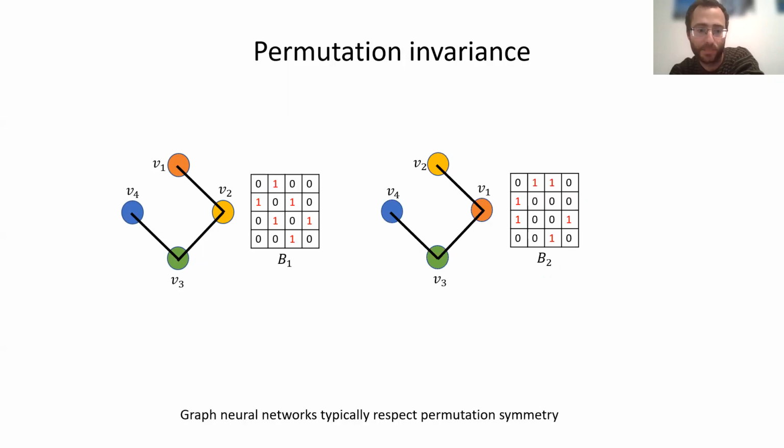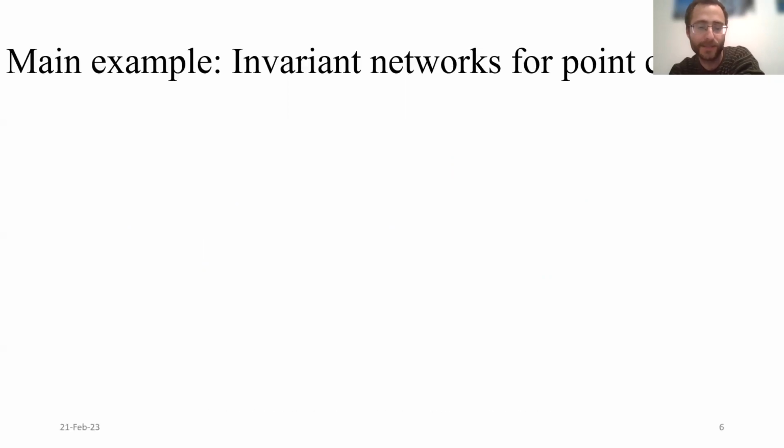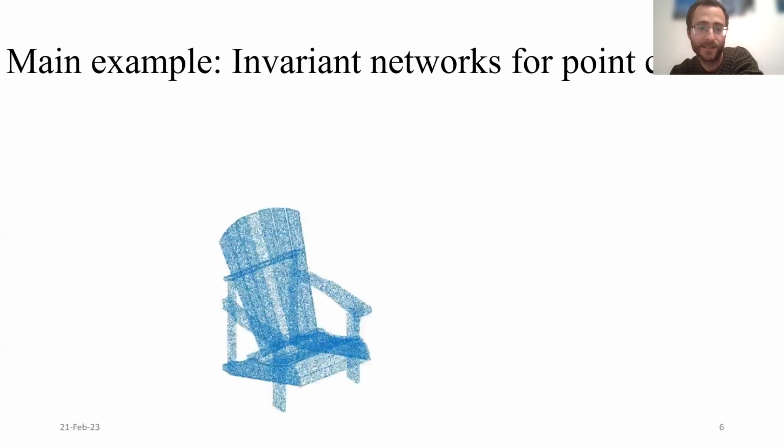That's an important example, but for us, the main example today is going to be invariant networks for point clouds or point sets. A point set is just a collection of n points in R3, or in RD in general. We can think of them as representing some 3D object like this chair.